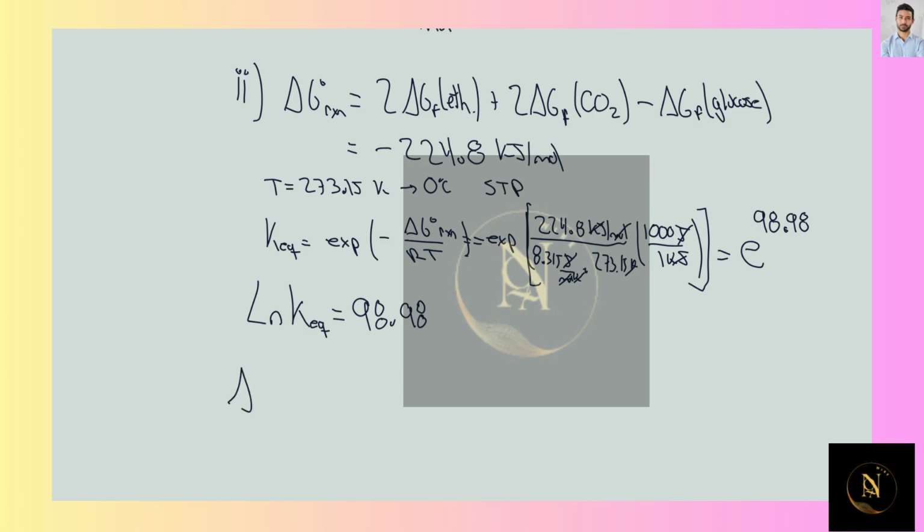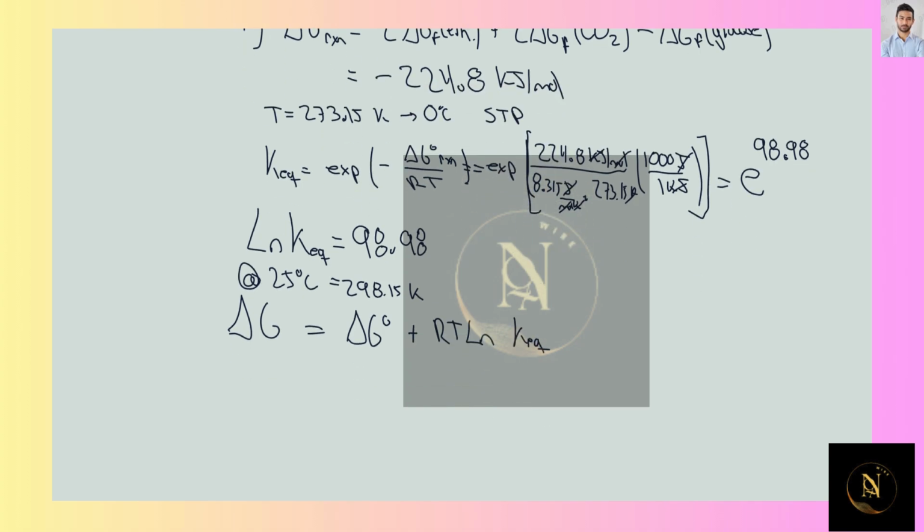So with this, we can calculate delta G at 25 degrees Celsius, which is 298.15 Kelvin. And we said that this was equal to delta G naught plus RT logarithm of my equilibrium constant. So delta G naught, we said that was equal to minus 224.8 kilojoules per mole plus R, which is 8.315 joules per mole Kelvin.